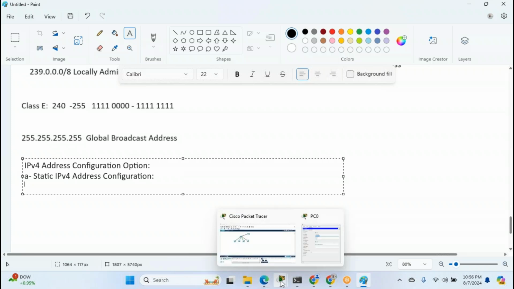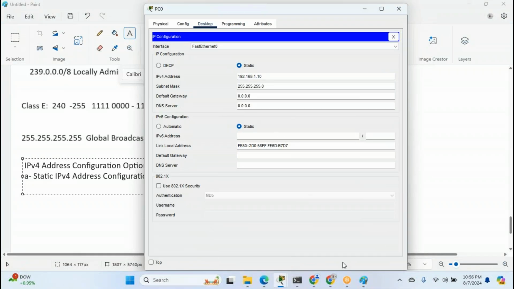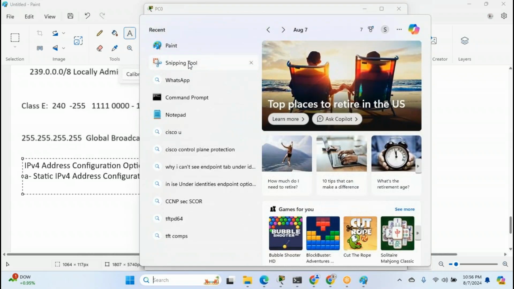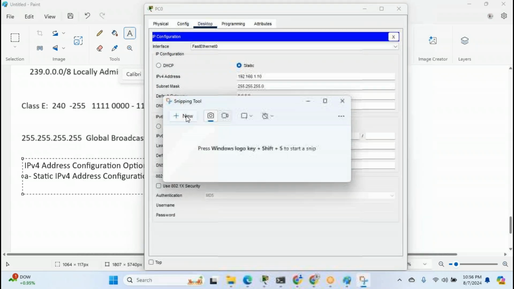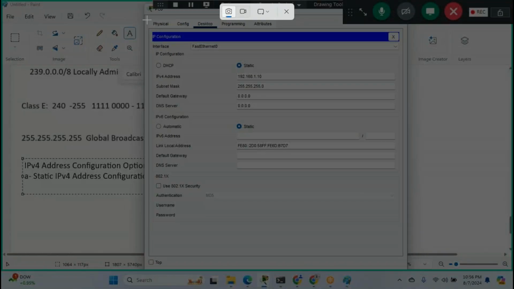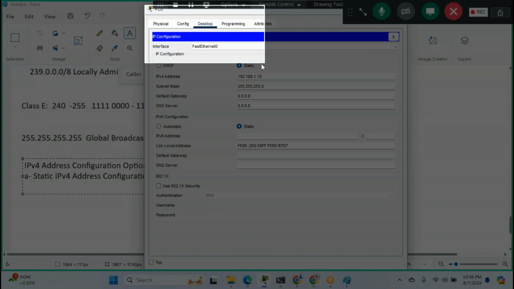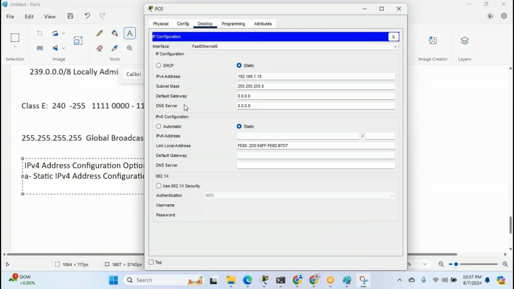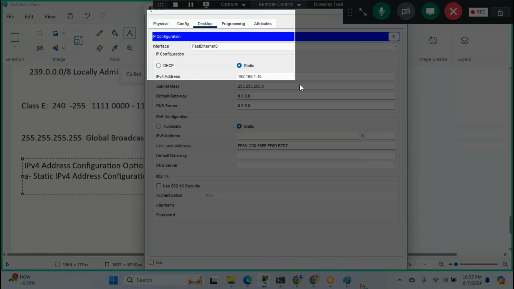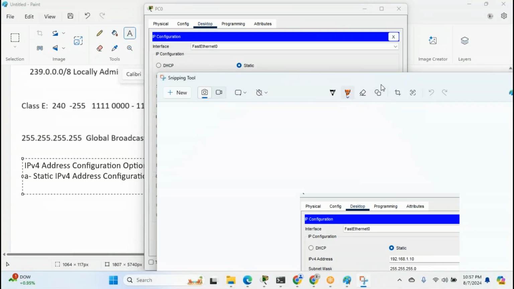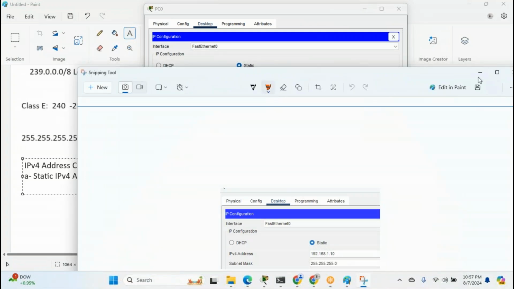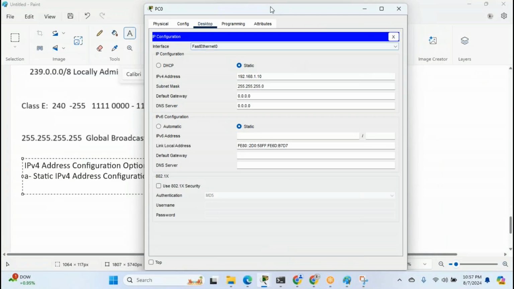So for static IPv4 address configuration, we have just configured this IP address.